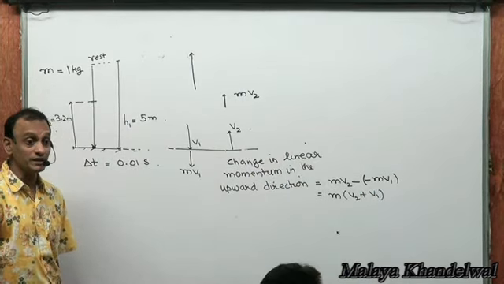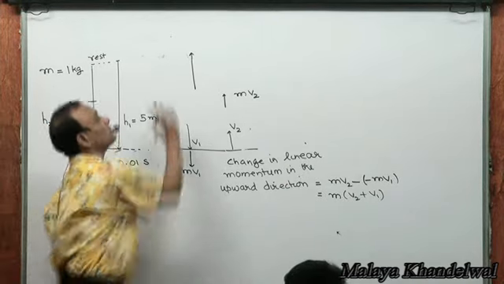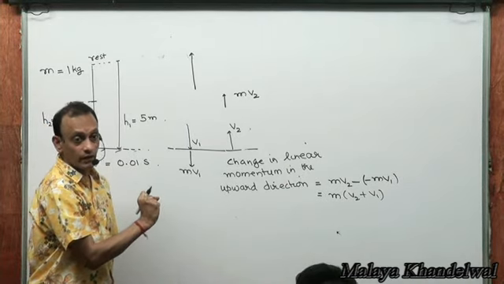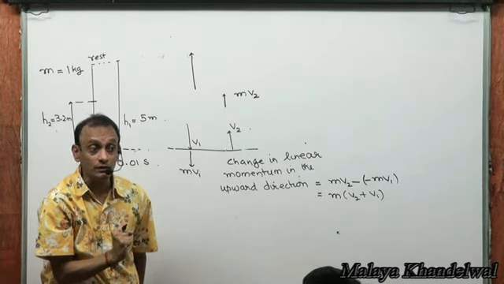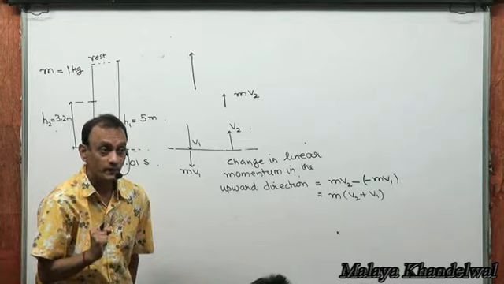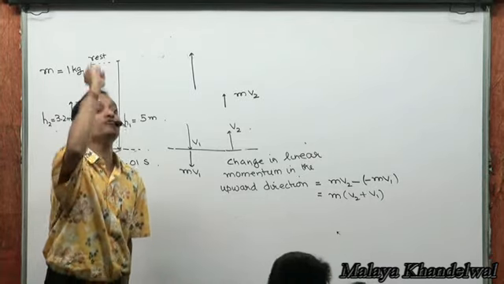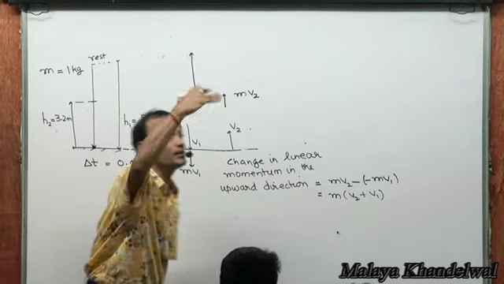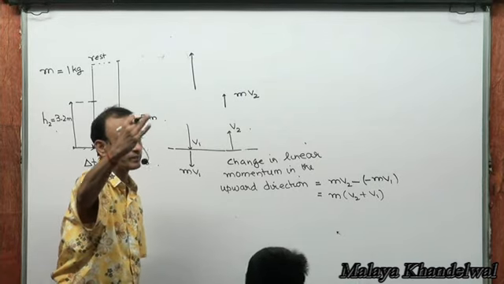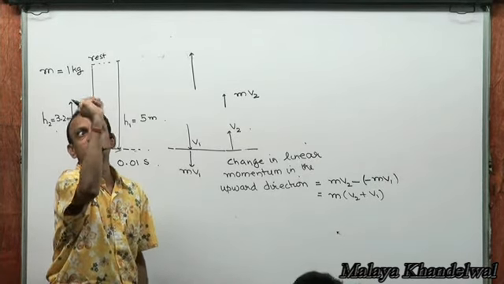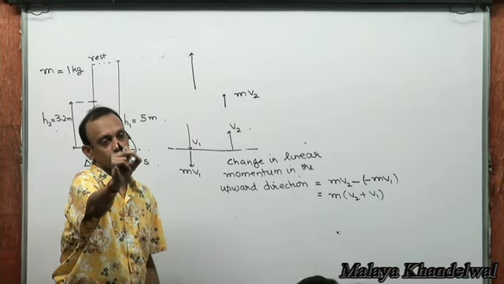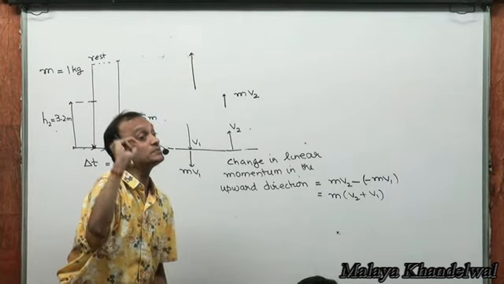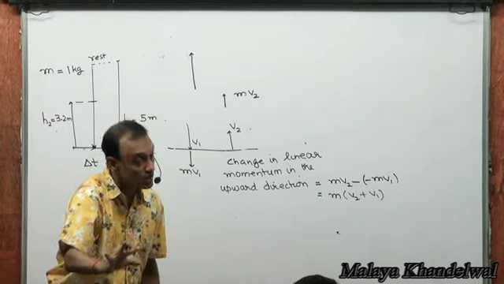That's a change in linear momentum, and this change has taken place in the upward direction. Right? The ground must have exerted an upward force on the particle, so that there is change in linear momentum in the upward direction. Change in linear momentum takes place in the same direction in which the force acts.